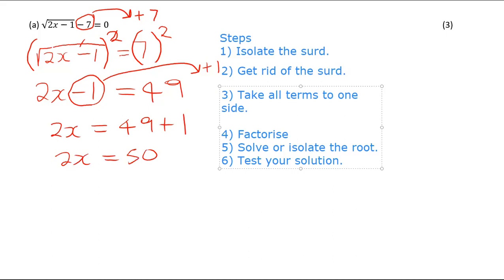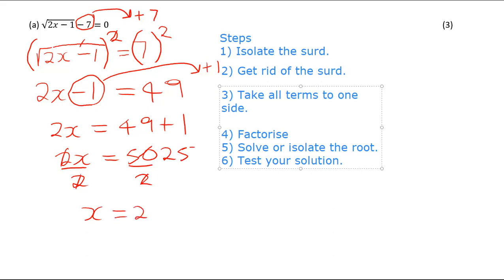I will just apply the reverse of the multiplication operation, which is division, by dividing both sides by 2. 2 goes into 50, 25 times, and that is why your x here will just be equal to 25.